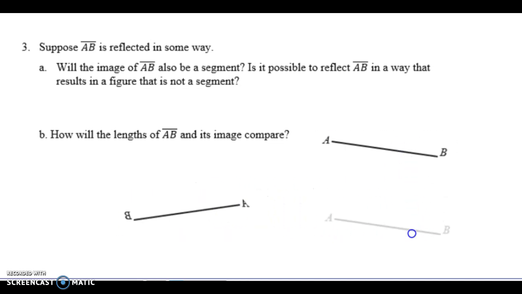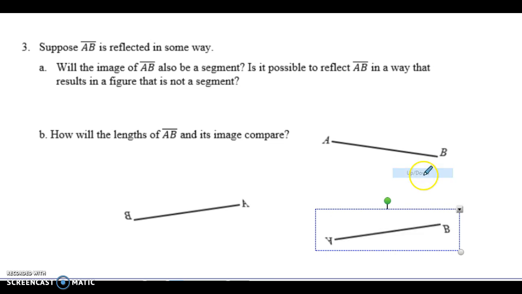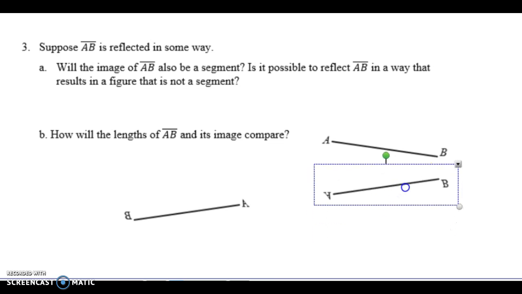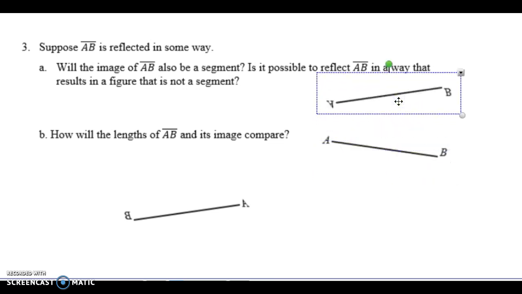Now we're going to take it again and we're going to flip it upside down. So it's now been reflected this way or this way. But as you can see, the shape did not change. It's still a segment, and the length also did not change. So with line segments, no matter what we do to it, reflection, rotation, or translation, that line segment is going to stay a line segment.